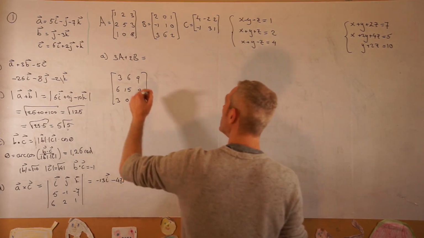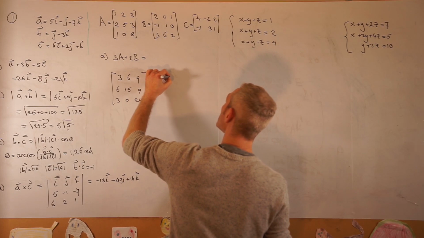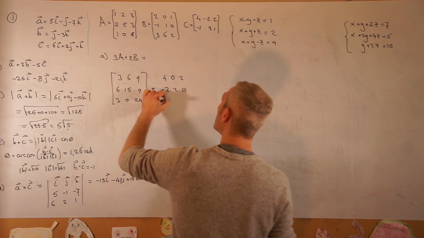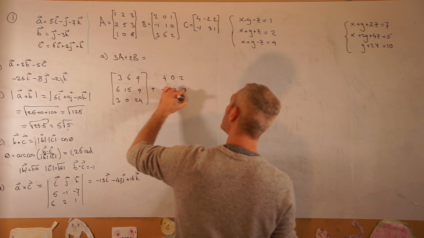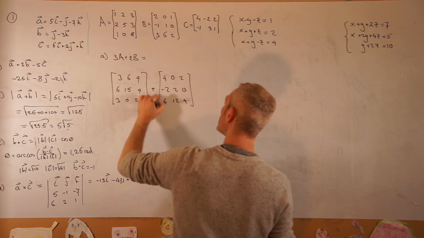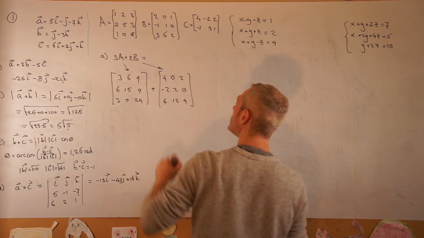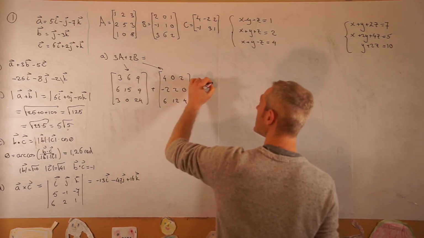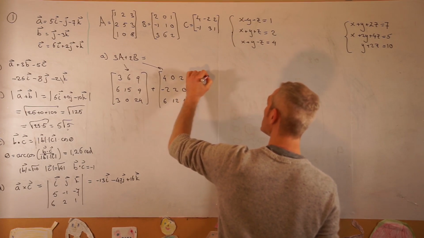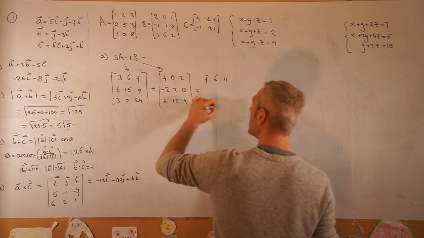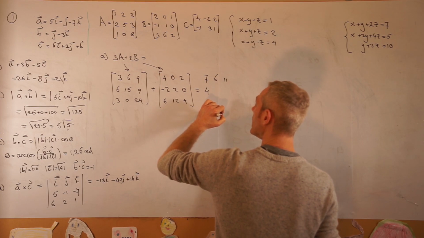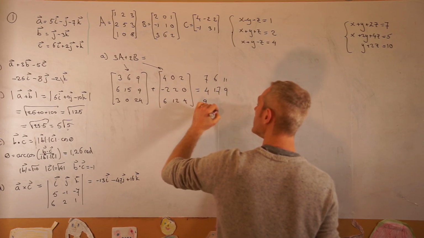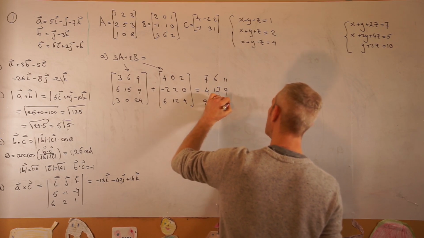Plus 2 times b. 4, 0, 2, minus 2, 2, 0. 6, 12, 4. So this is 3 times a, that's 2 times b, and then it's a matter of adding them together. We get 7, 6, 11, 4, 17, 9, 9, 12, and 28.